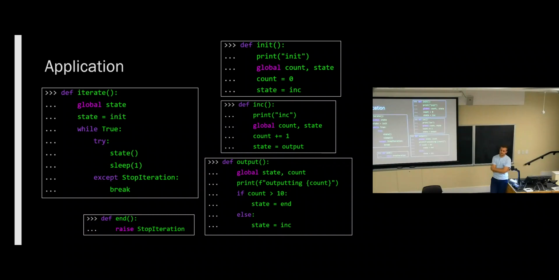Can you talk a little bit about how global works? Yeah, that's the other question I was expecting. The reason you have to say global here is that in Python, if you assign to a variable, it's going to try to assign that variable in the most local scope it can.